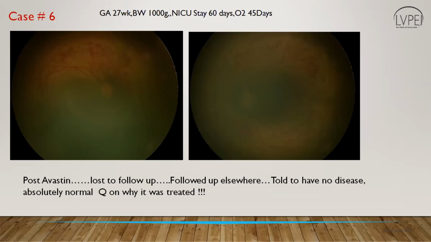When I followed up, the parents informed me that they had gone to another retina specialist who had seen the eye and said there is no disease at all, asking who gave you the injection and why. I said, okay, I have your initial pictures. So this injection works dramatically in these cases, and a person not aware of this entity will think that I have overtreated this.